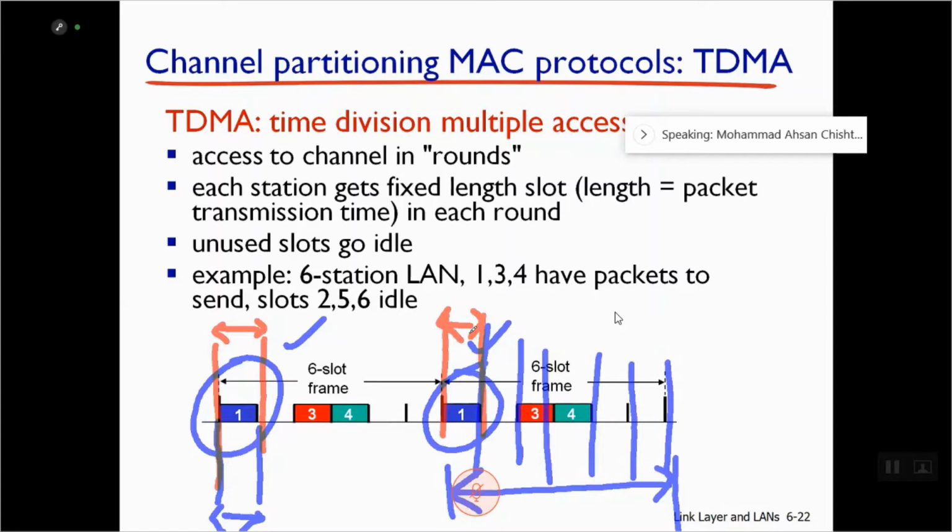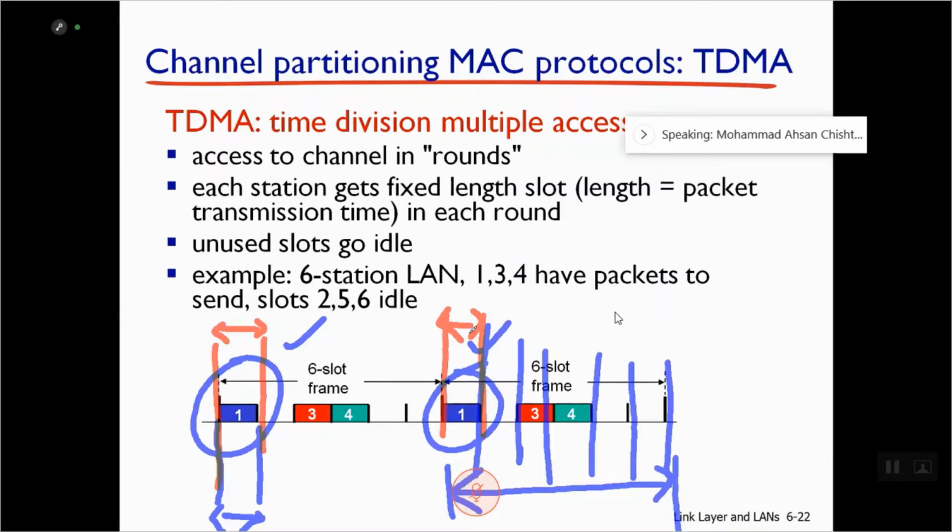Okay. Now, what are the advantages that we see? It's a multiple access protocol. If we have 6 stations to send, all 6 would get an equal and fair chance. Also, there won't be any collision. Why? Because the sender would know that at this specific time I have to send.